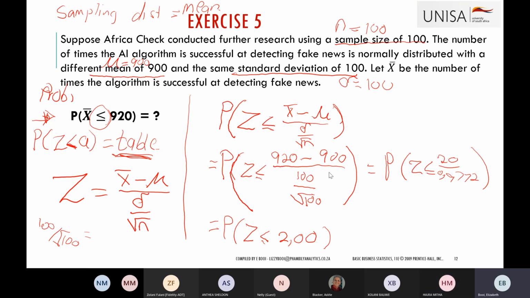Okay. I was asking for the value of the standard error. Oh, okay. I didn't hear you properly. My connection is a bit funny.